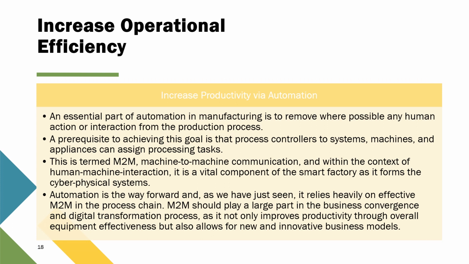Then the next one is increasing productivity via automation. We already see a lot of advantages of automation, where human errors and repetitive work can be reduced. When we increase productivity via automation, we will be able to increase operational efficiency, where humans monitor the machines and the operations, but the work itself is done by the machine.